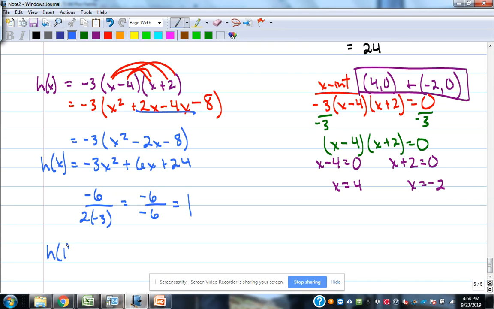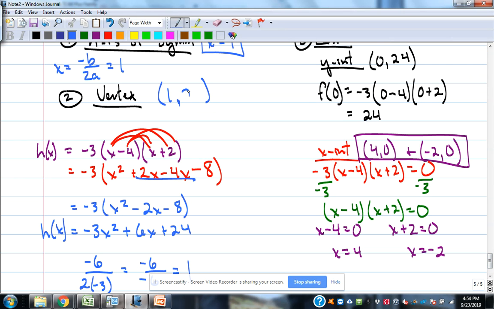So h of 1 equals -3(1) squared minus 6(1)... plus 6(1) plus 24. And that'd be -3 plus 6 is 3, plus 24 would be 27. So the y value is 27.